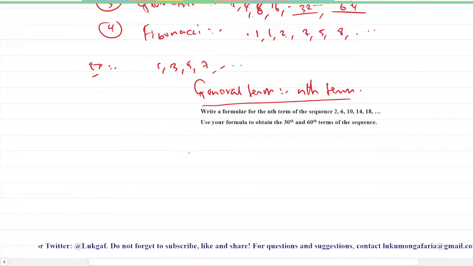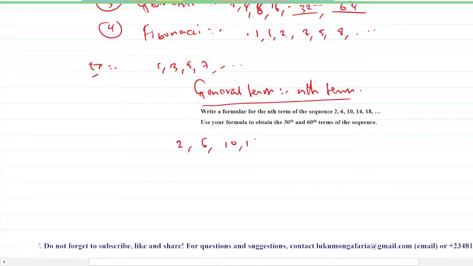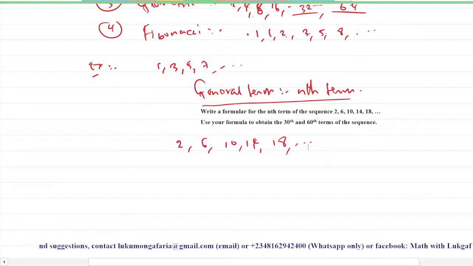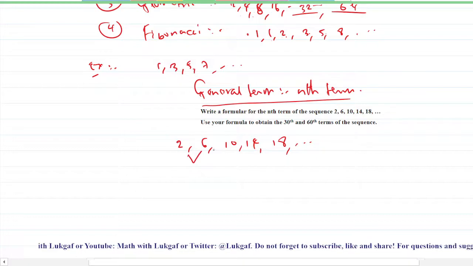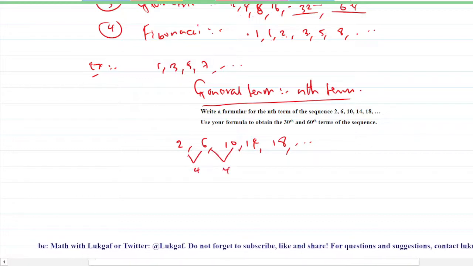You have 2, 6, 10, 14, 18. Before I proceed, what type of sequence is this, with the example I gave before? You know it has a rule. You will see that the difference between two consecutive terms is 4. The difference between this guy and this guy is 4, between this guy and this guy is 4.